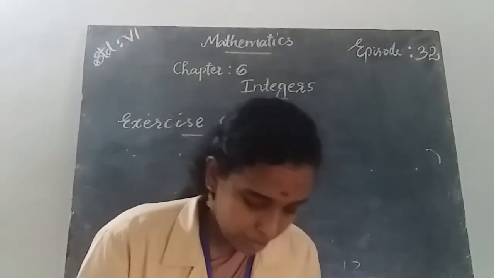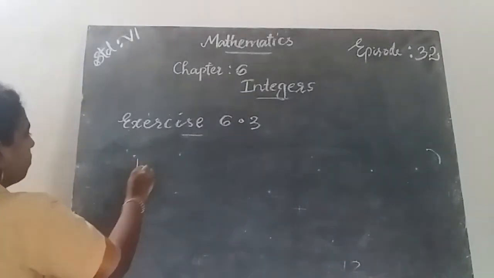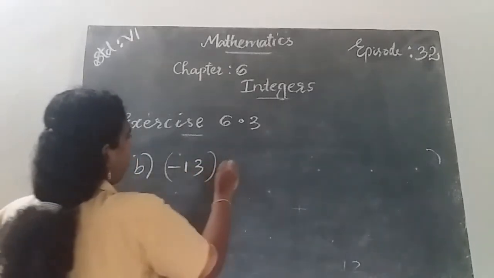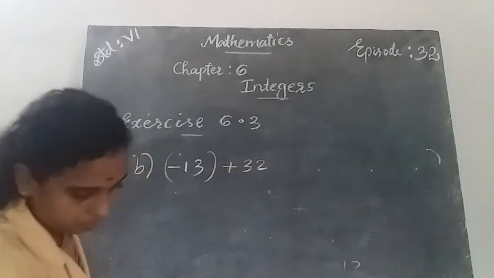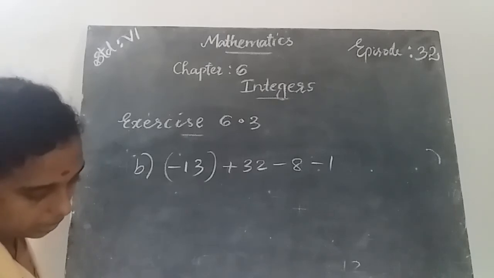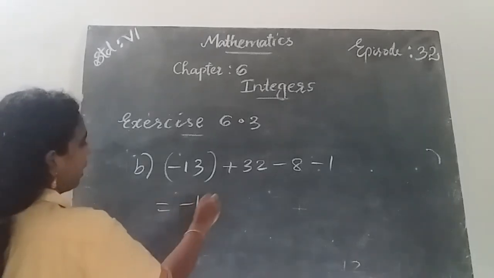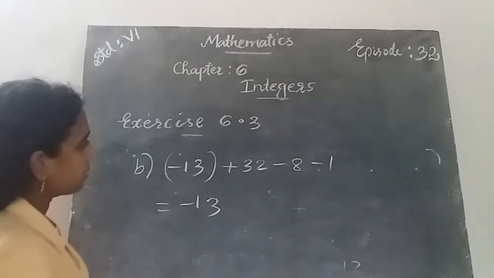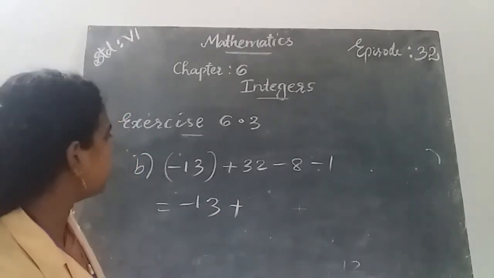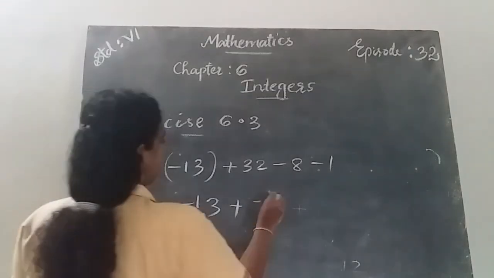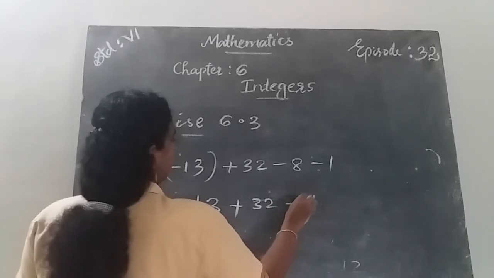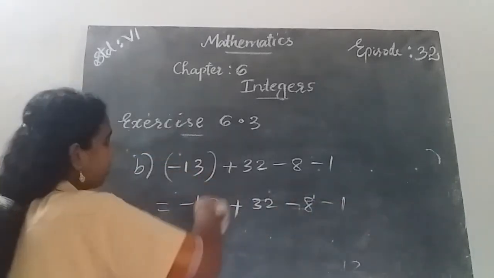Next question, B. Negative 13 plus 32, negative 8, negative 1. Okay. So here it is negative 13 plus 32 minus 8 minus 1 is the question.